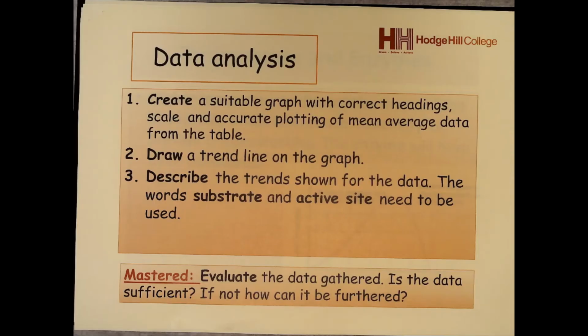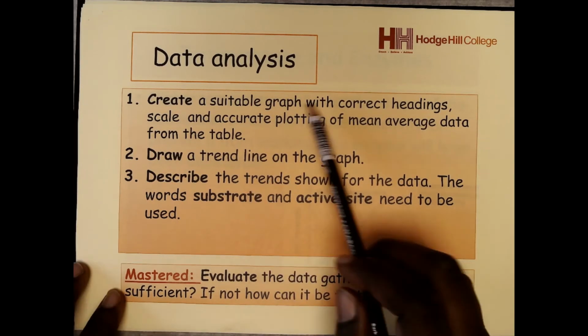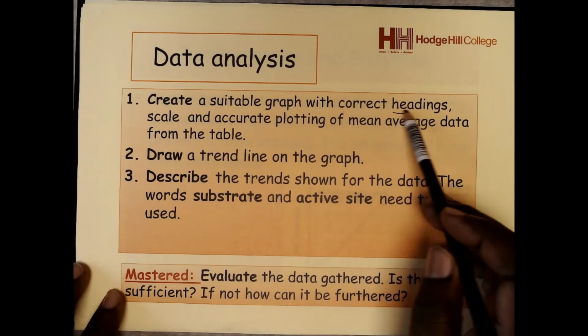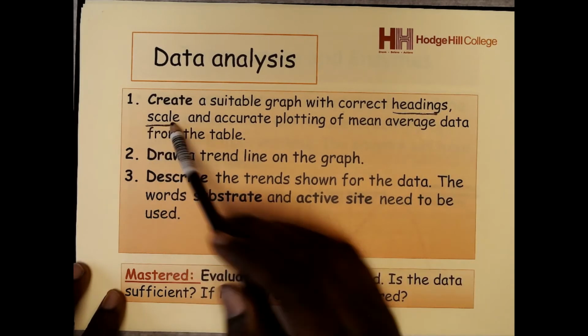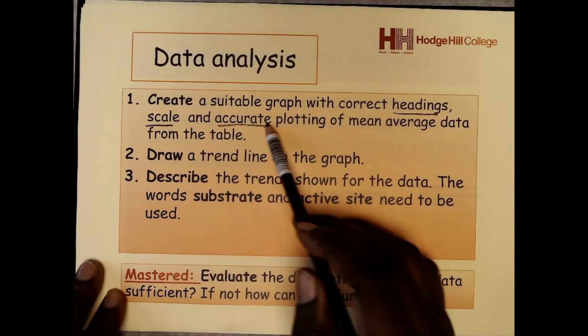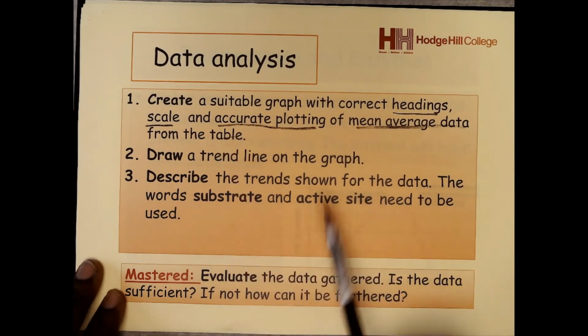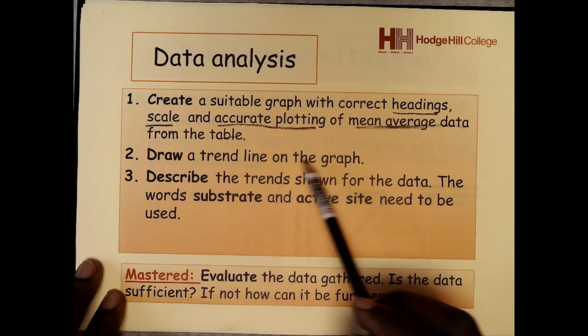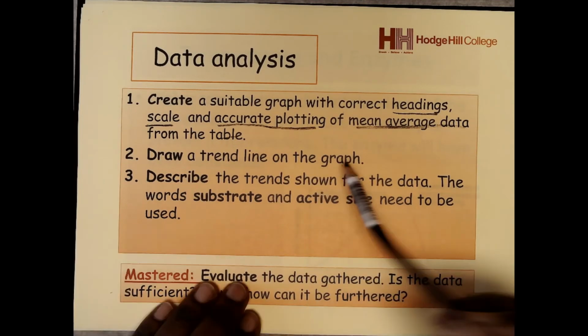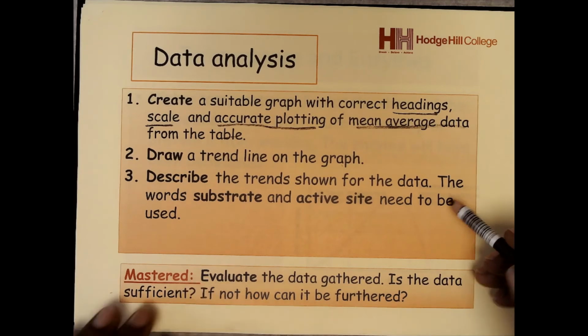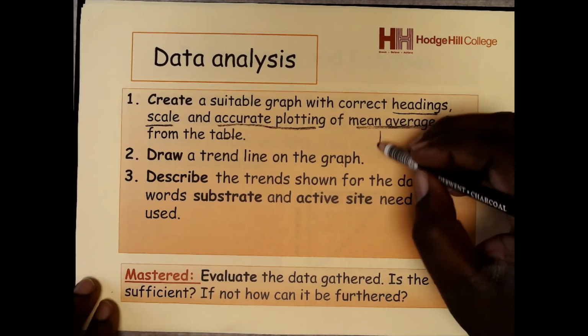Now, we need to create a suitable graph with correct headings, scale, and accurate plotting of the mean average data from the table. We will then draw a trend line on the graph. Be reminded that trend lines vary. Not all trend lines are the same.